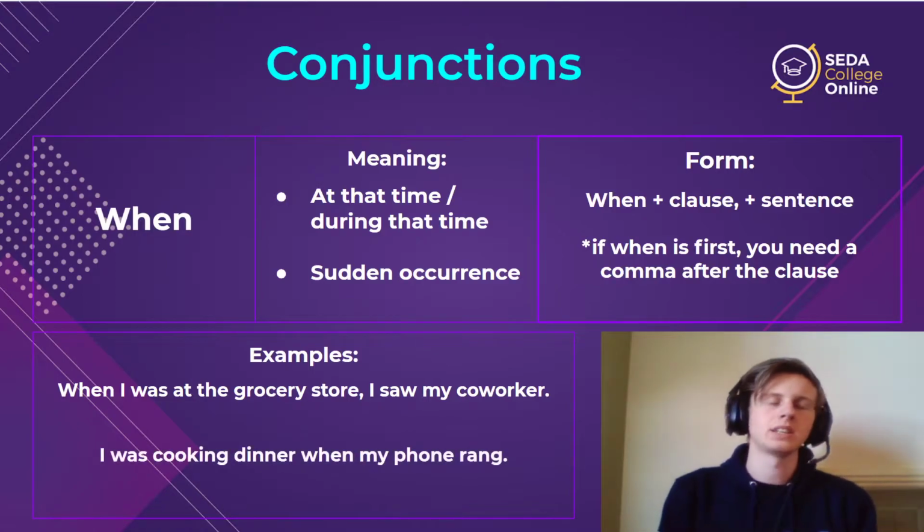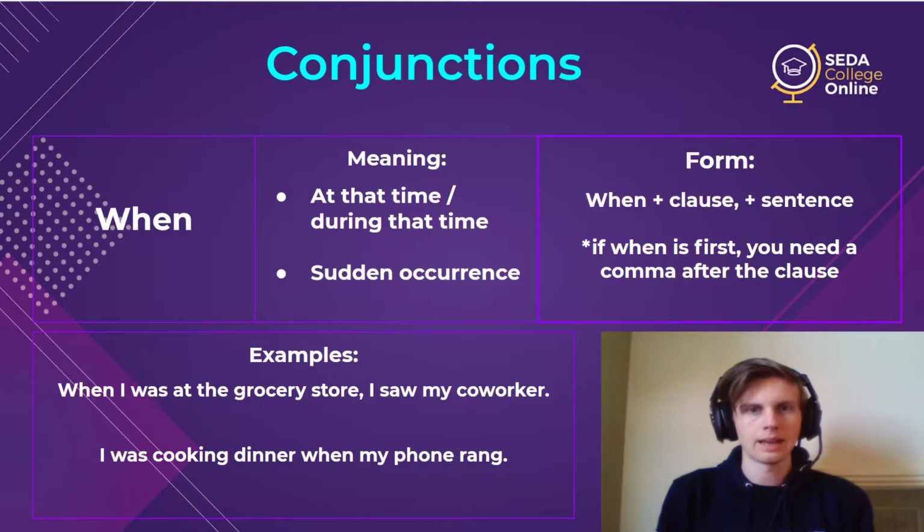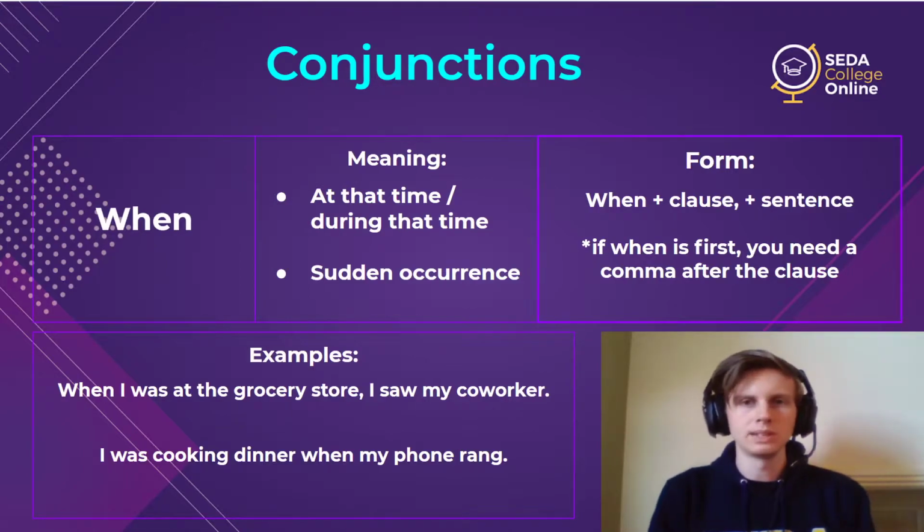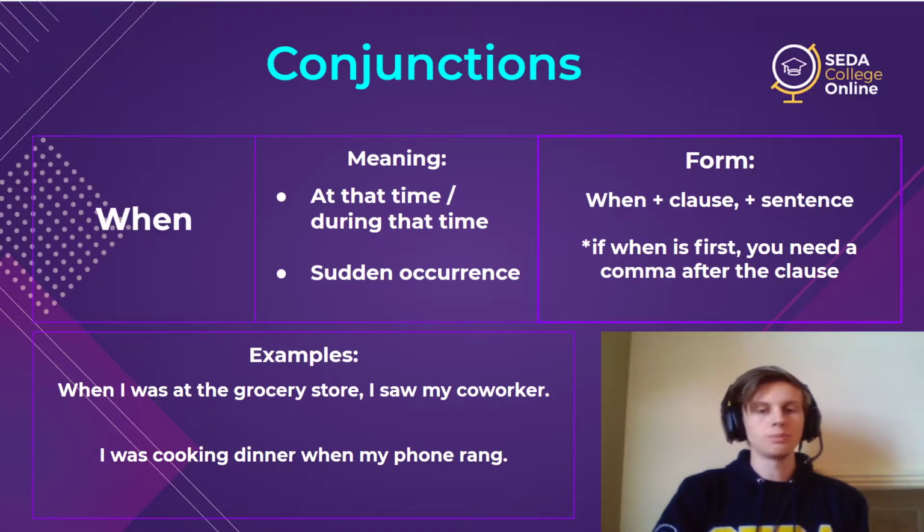Or it can have this idea of a sudden occurrence, something happened that is unexpected. When I was cooking dinner, or I was cooking dinner when my phone rang. And then I see, oh, there's that sudden occurrence. I was in the process of cooking dinner, and then, oh, I was interrupted when my phone rang. So know that it has two meanings.